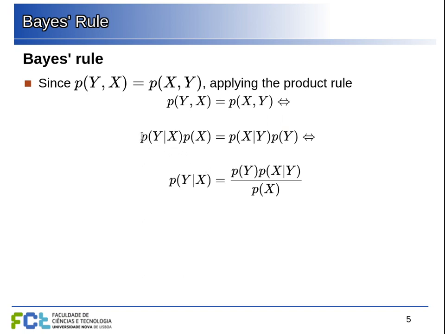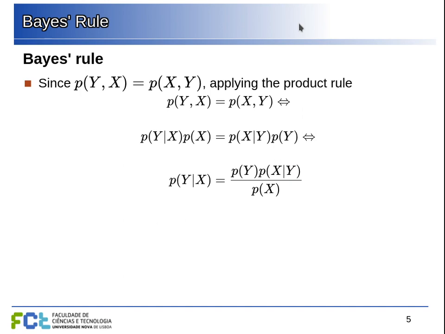That is, the conditional probability of y given x multiplied by the marginal probability of x would be the same as the conditional probability of x given y multiplied by the marginal probability of y. So if we rearrange this, we obtain Bayes rule, which is this expression here at the bottom, which relates the conditional probability of one variable given the other to the conditional probability in reverse, and then the ratio of the marginal probabilities.